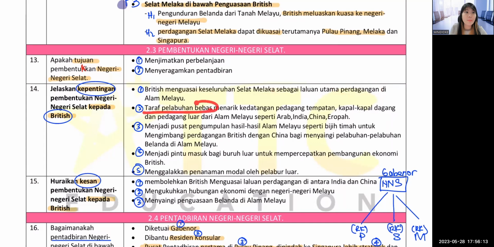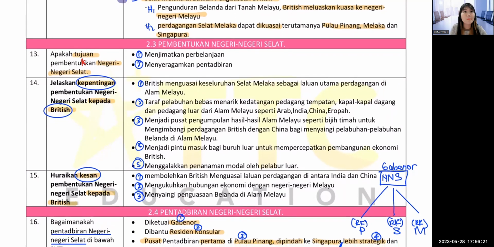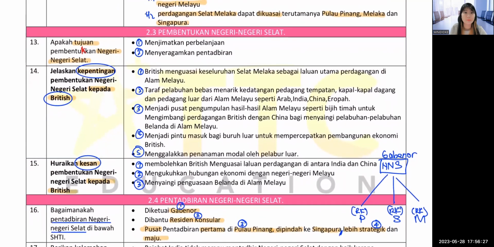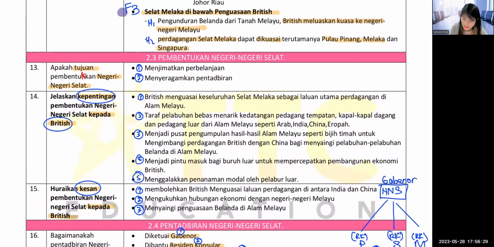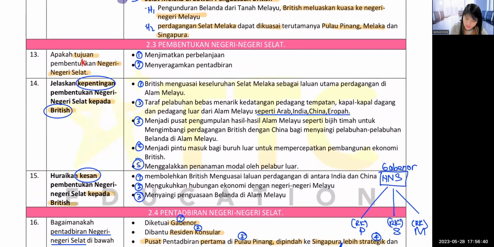Second, it become our entry port, duty-free area, attracted a lot of businessmen to come, especially Arab, India, China, Europa. Yes, correct. This contoh here, you can use it as another mark if you want. Other than that, it can become a center of collection of goods, and this one is contoh, another mark.